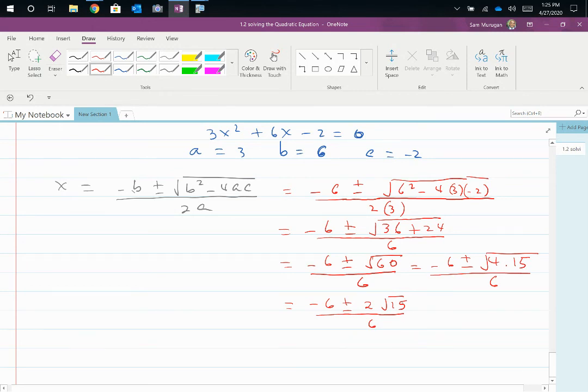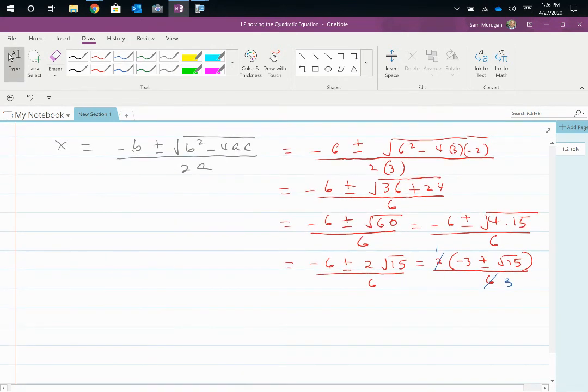And then notice that in the numerator, 2 is a common factor. Two is a common factor. And then we're able to go ahead here, right here, and reduce that.